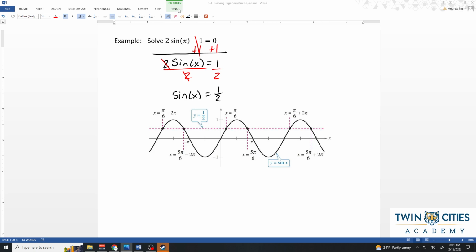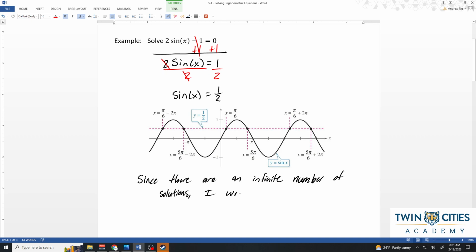So here's how I'm going to write that for an infinite number of solutions then. I'll say, since there are an infinite number of solutions, I write this as x equals pi over 6 plus 2n pi and x equals 5 pi over 6 plus 2n pi.